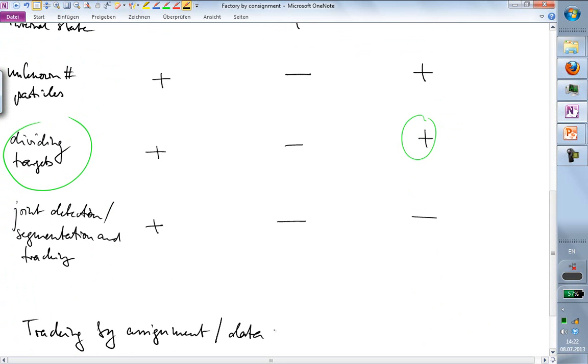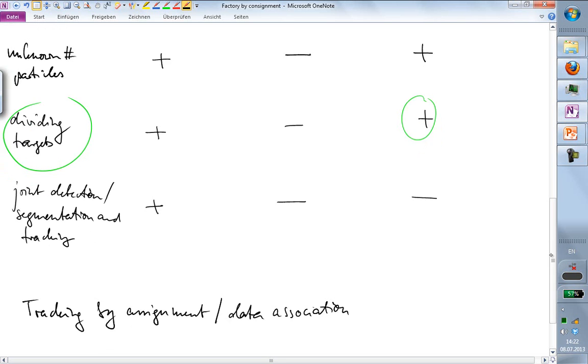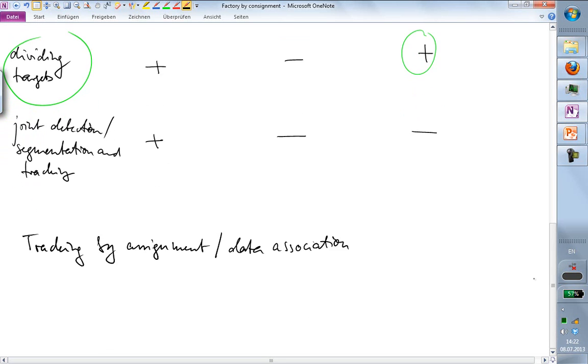This family of techniques has at least two names: tracking by assignment and data association, and I think there are others. As I said, it separates the detection and the tracking step.